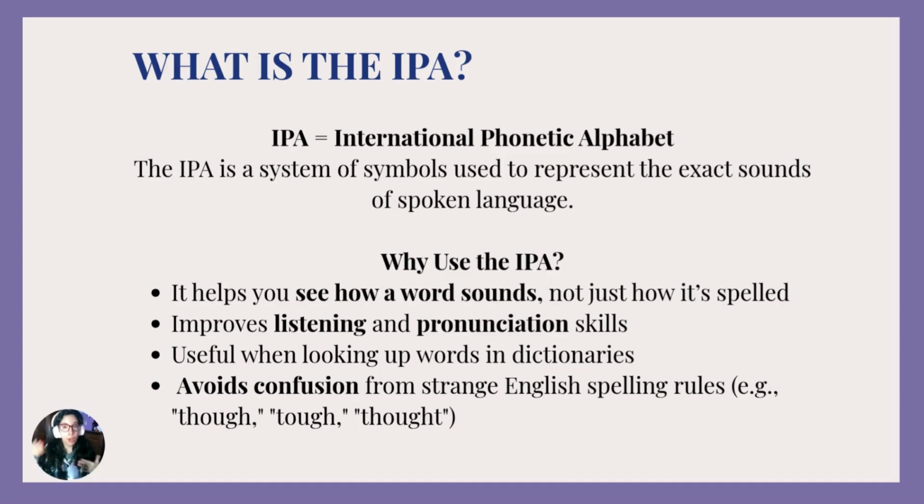But if you go to a dictionary, you will see that each word has its phonetic transcription. Why is that? Because that way we know how to produce the sounds, how to pronounce that word. Also, learning the International Phonetic Alphabet avoids confusion from strange English spelling rules.